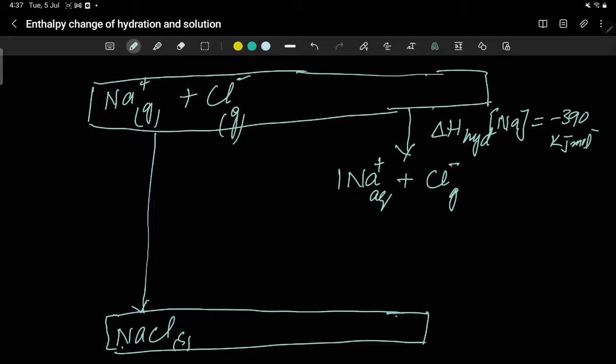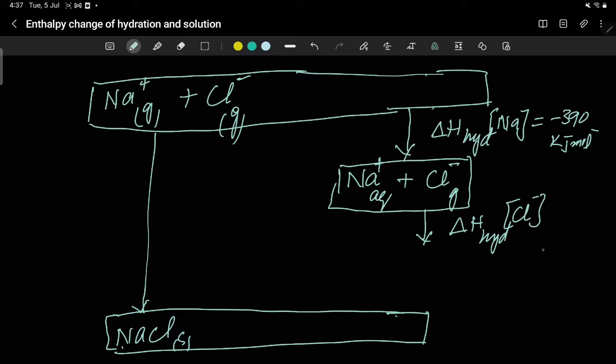State symbols are very important to note down. And this is delta H hydration of the anion chloride, and this is equal to minus 380 kJ mol⁻¹.